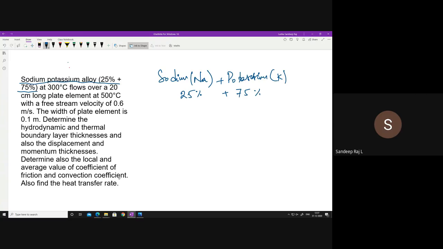The percentage values are given for this alloy composition. That is the material given to you, and it's written that it flows over, which means it is external flow. External flow over what? Over a flat plate.